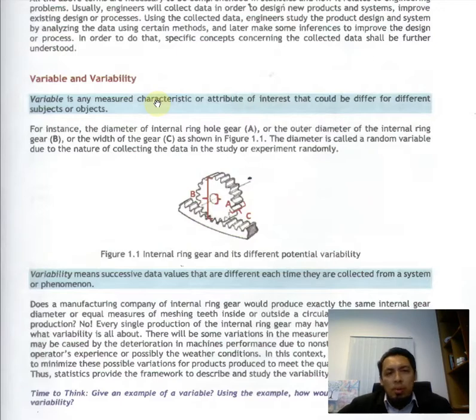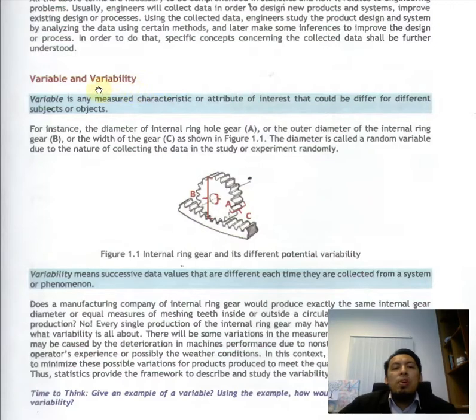Those are called variables. They might be different from different subjects, meaning they might be different depending on the respondent. If I ask you, you might give me a different answer. If I ask your friend, they might give me a different answer, because there's a whole different data in that variable.